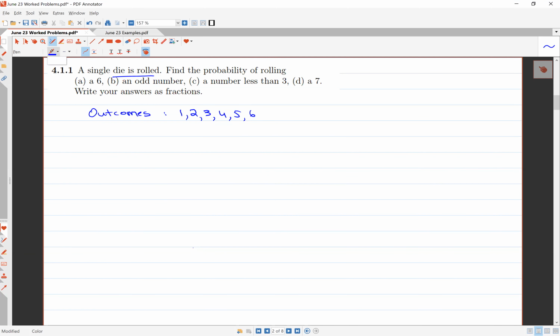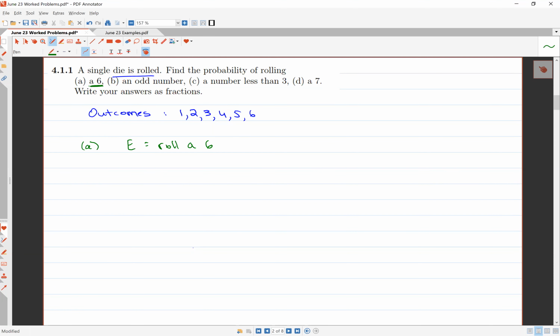And now we're going to investigate specific events. So when you calculate a probability, you're doing it for an event. And so our first event in part A is that we roll a 6.